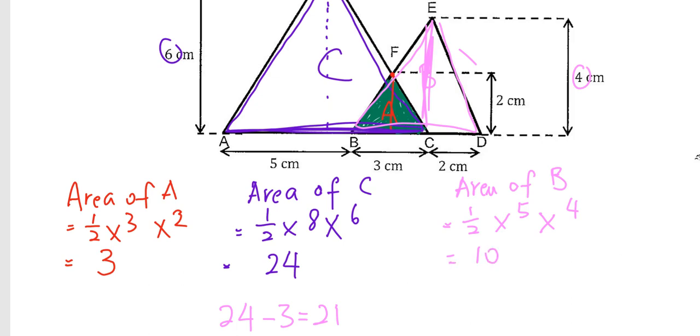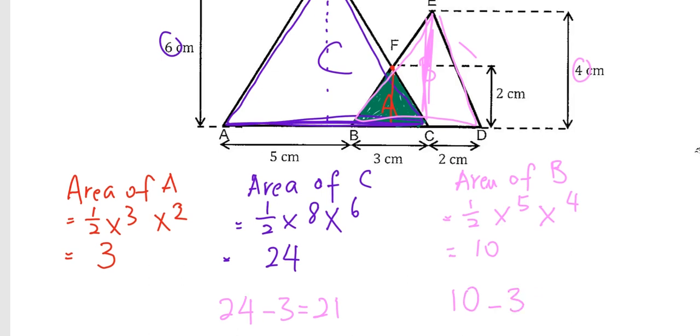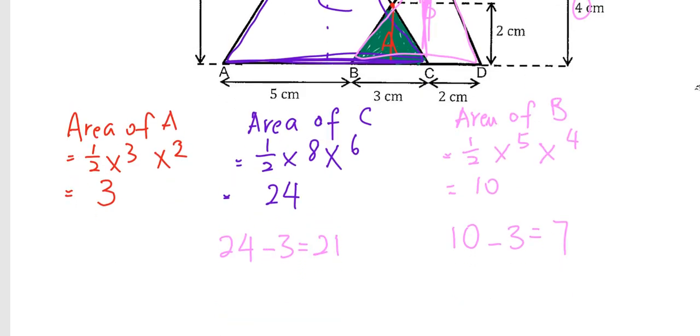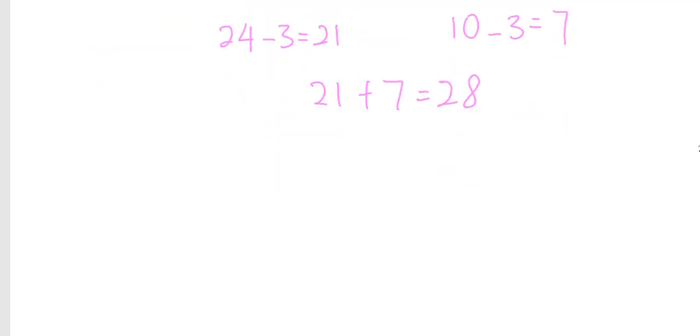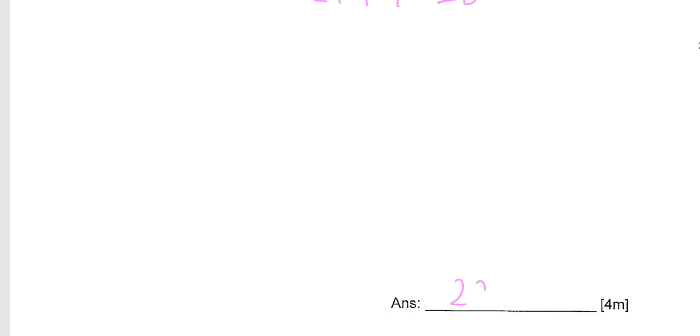So for the unshaded B, I will have to take 10, the area, minus the shaded, which is 3. So 7. Now 21 and 7 will give me a total of all the unshaded part, which equals 28. So 28 is the answer for this question. Alright, so for the units, of course, 28 square centimeters. That's question 14.